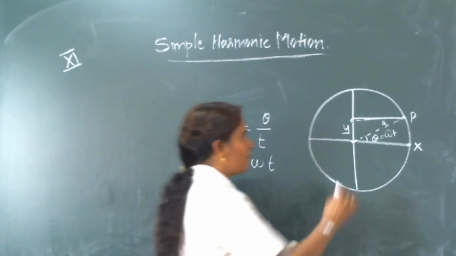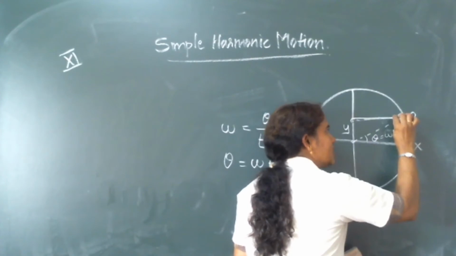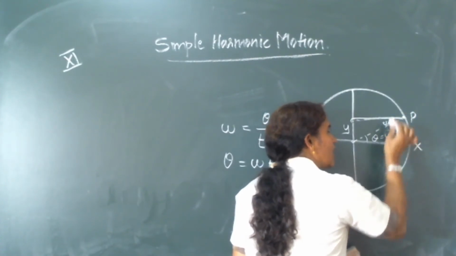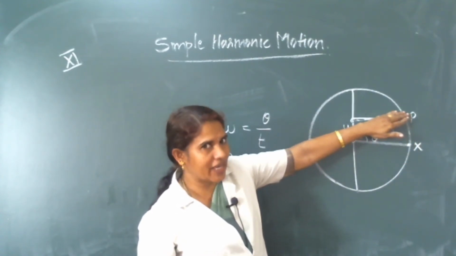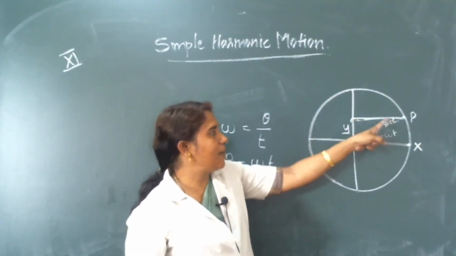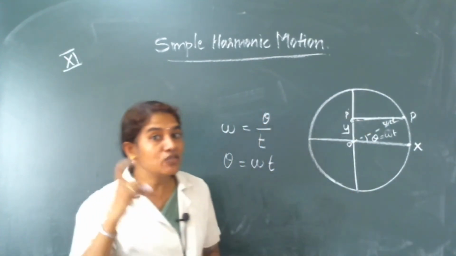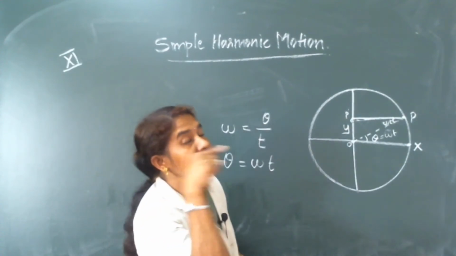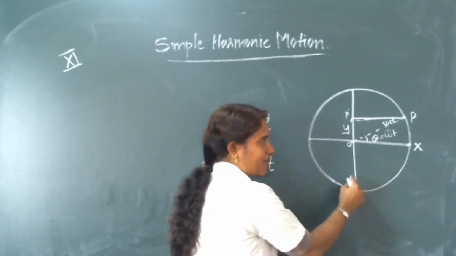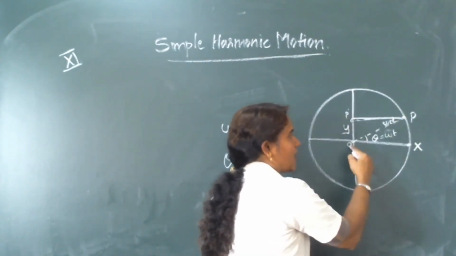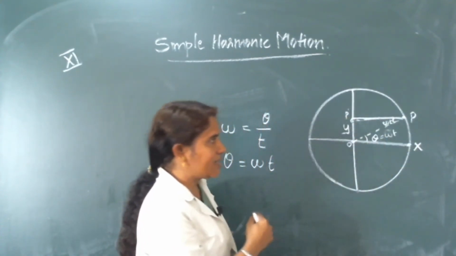Clear? Now, by comparing these two lines, parallel lines cutting the transversal, this angle we can also mark as omega t. So, when the particle is covering a distance x to p, by the same time its perpendicular is moving from the point O to p dash. That means y is the displacement in simple harmonic motion. That displacement y we can represent by using this triangle OP dash P. Here omega t is the angle.